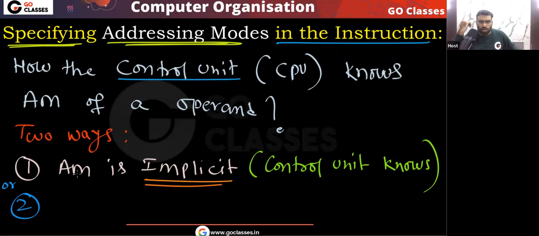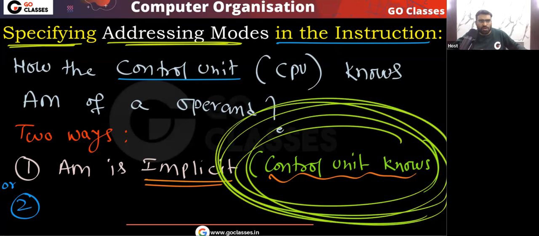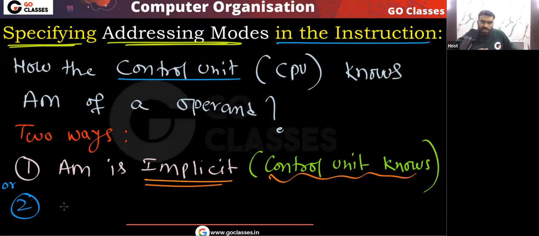The control unit already knows the addressing modes of every operand, in any instruction, addition, subtraction, load, jump, whatever instruction you take.